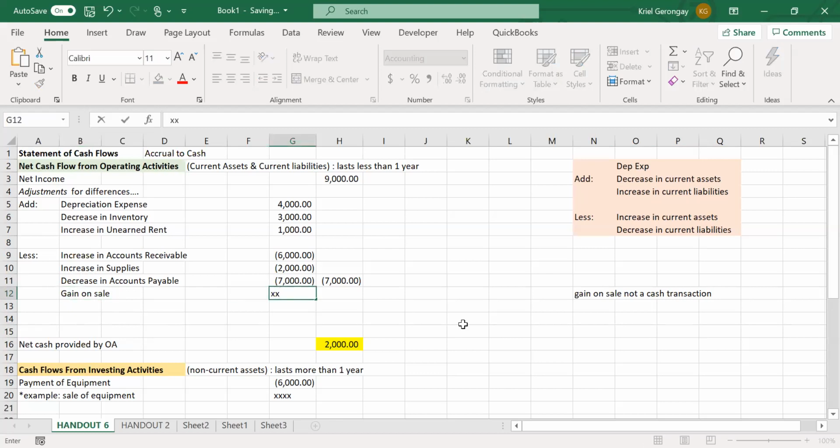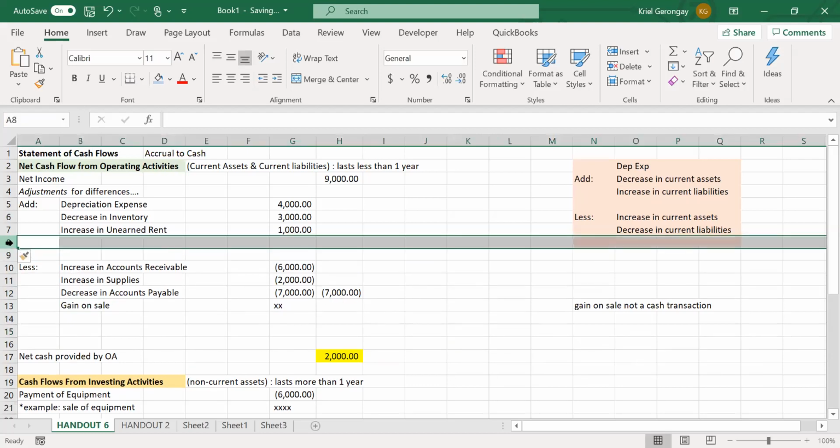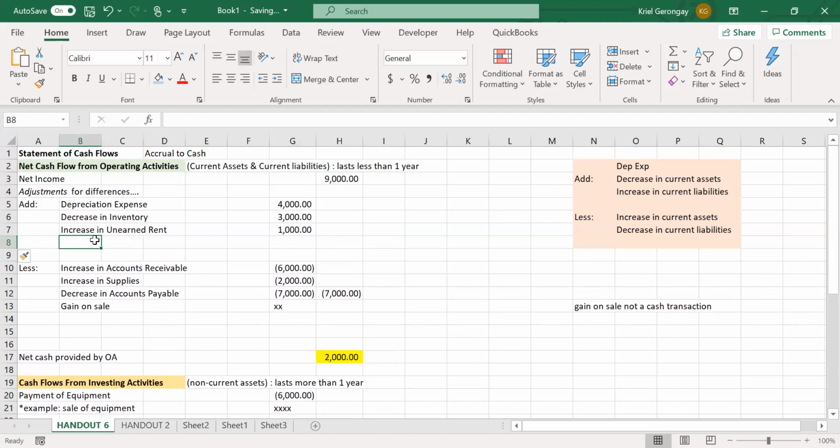So this is the amount from the gain. And if there's a loss, then we have to add the loss back. Loss on sale. Does that make sense?